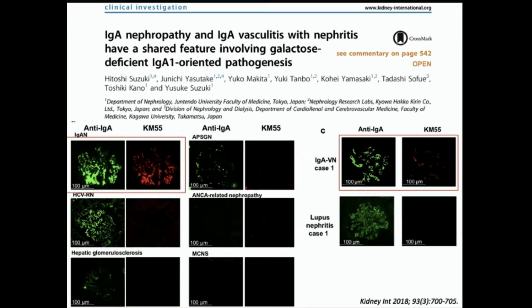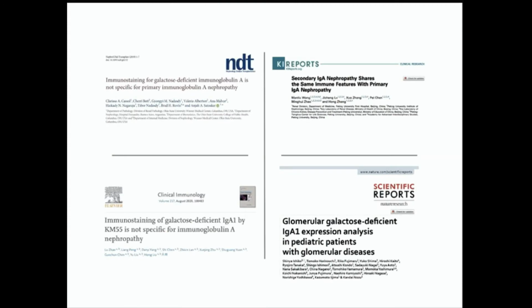However, after this paper, as with any marker that at the beginning was claimed to be either sensitive or specific, more studies were published in the later years, 2019, 2020, and 2021. Their studies confirmed that yes, KM55 staining is positive in IgA nephropathy.